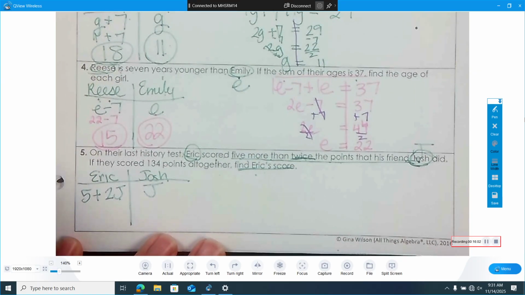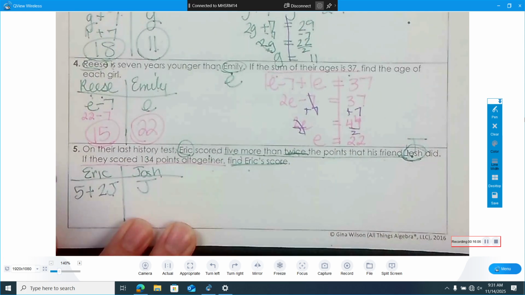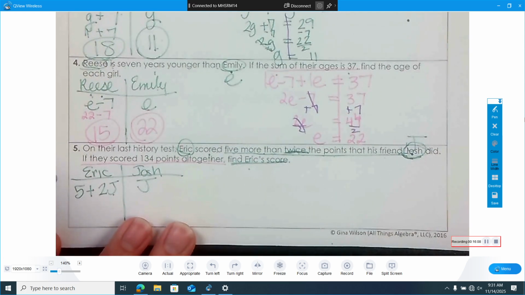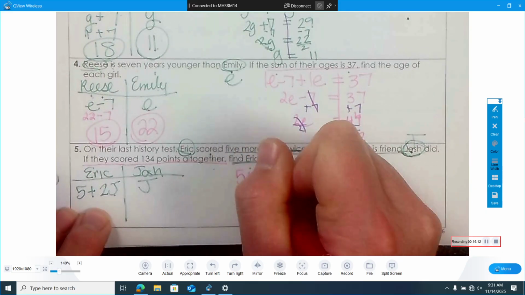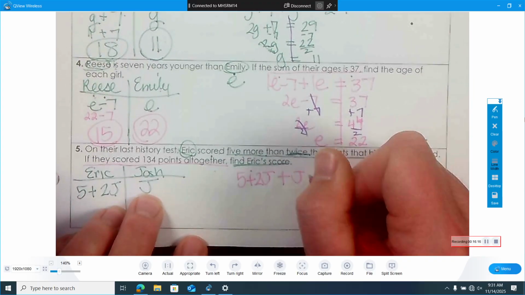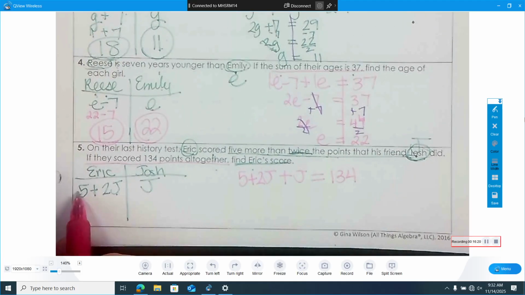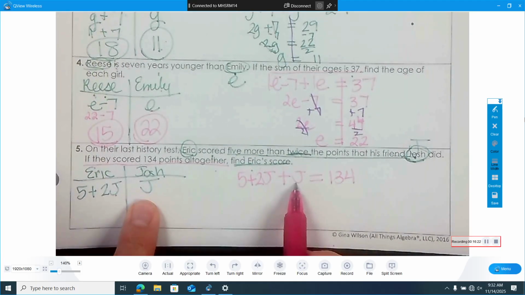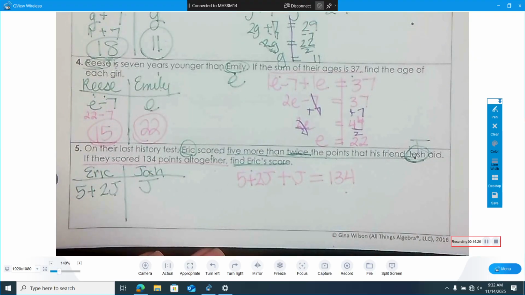Now it says if they scored 134 points altogether, what should we write for that equation? Addition, yeah. 5 plus 2J plus Josh, J, equals 134. So 5 plus 2J plus the J, add them up, equals the 134 points altogether.